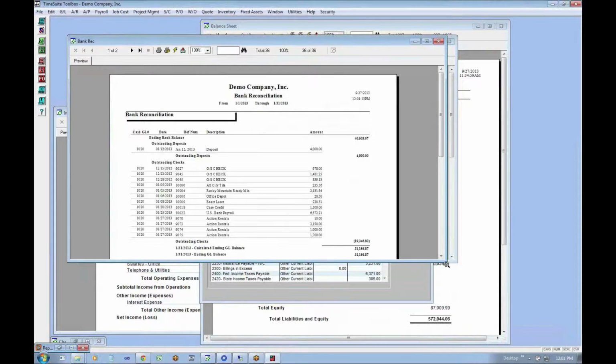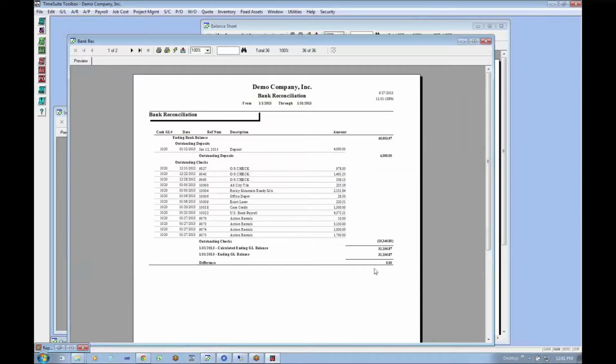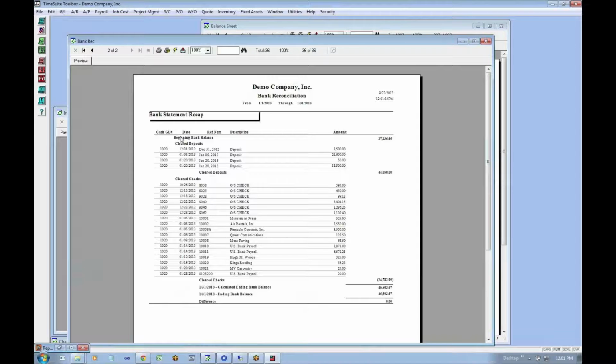So this is a little bit more detailed bank reconciliation, and this is a stored procedure-driven report. So the first page you have the same information you typically will see with the older bank reconciliation, but what's nice is on the second page it gives you your beginning bank balance, the deposits that cleared, the checks that cleared. So this is basically a recap of what your bank's going to have.